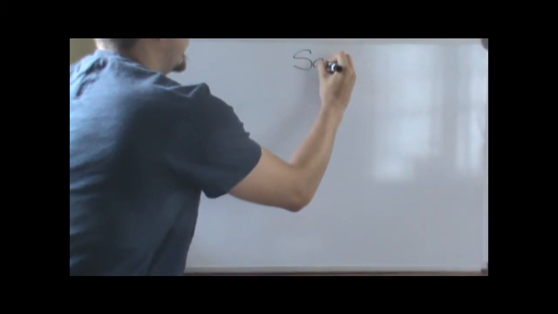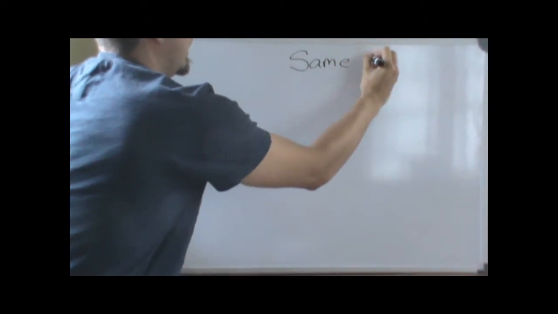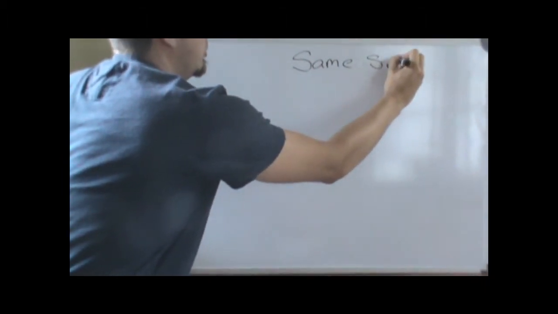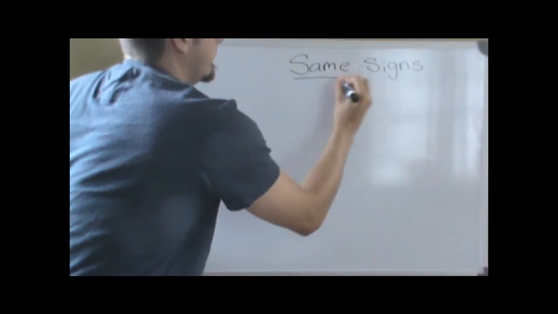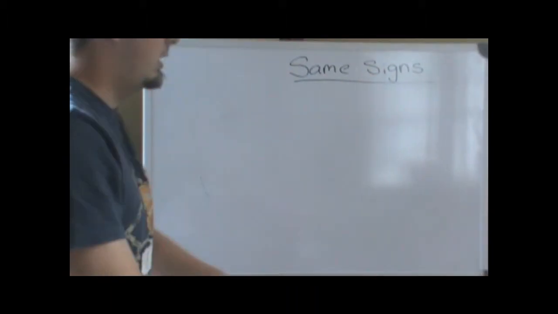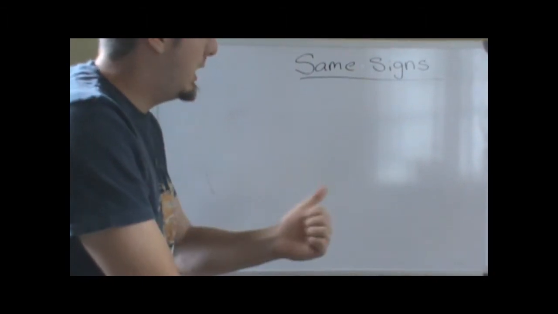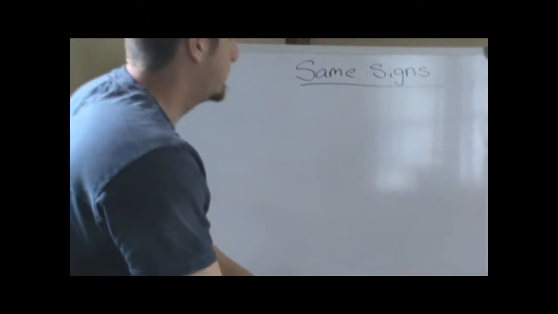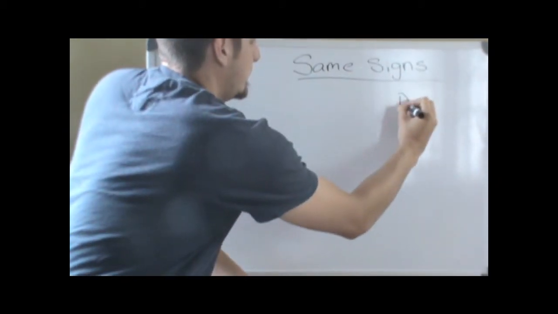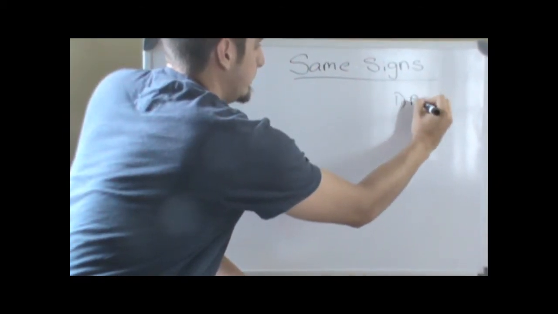Now, when I'm talking about same sign problems, I'm talking about problems that have two negatives or two positives. When you have two negatives or two positives, the rules are: first off, you're going to add the numbers.